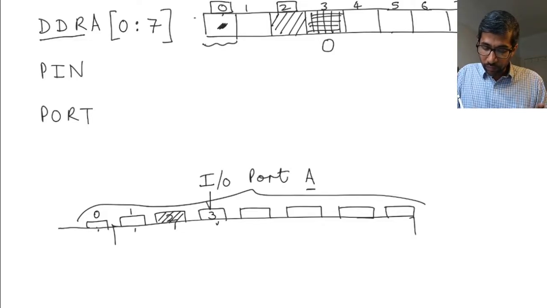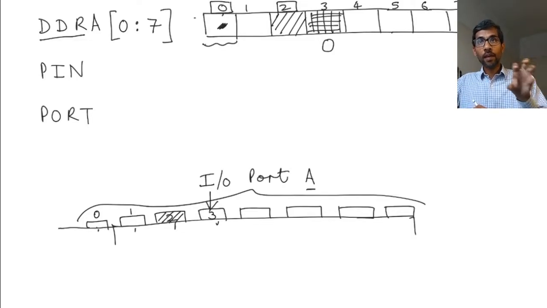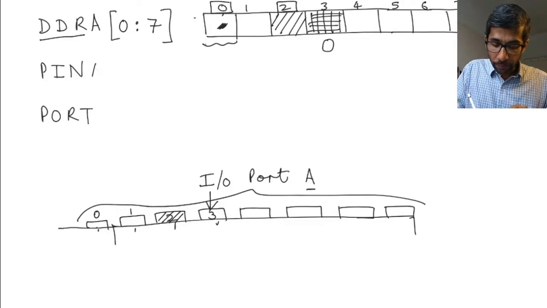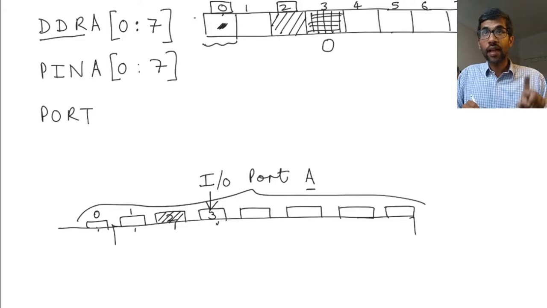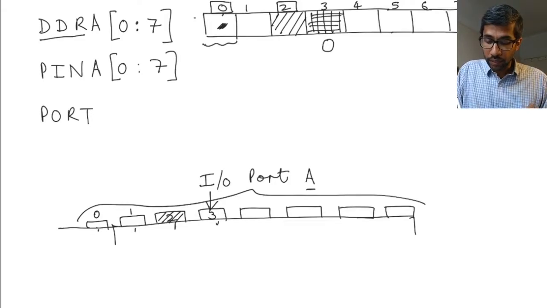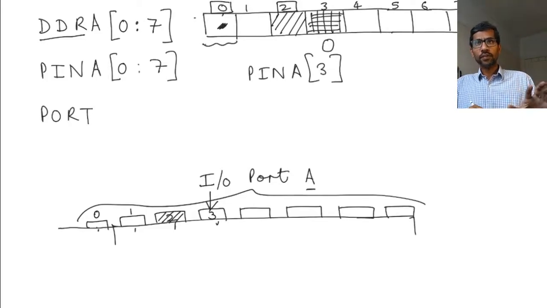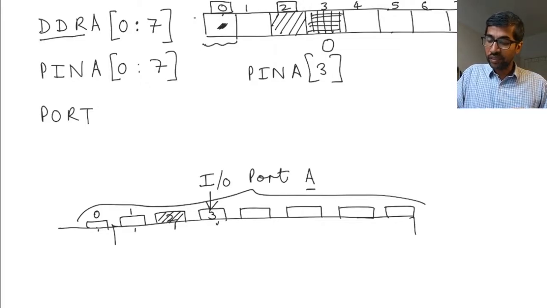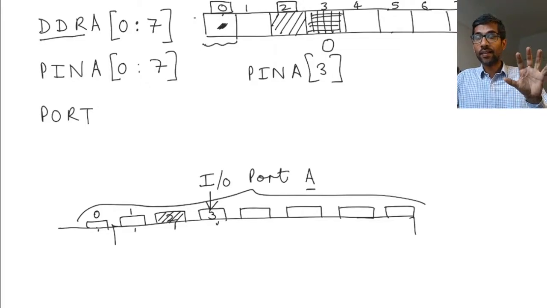So when it becomes an input, where does the data that is coming in get stored? It gets stored in pin A, which again has 8 bits, and the data from pin 3 gets stored in pin A3. Does that make sense?